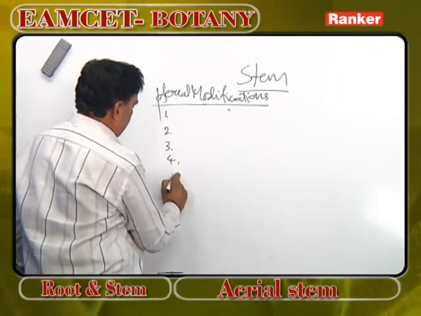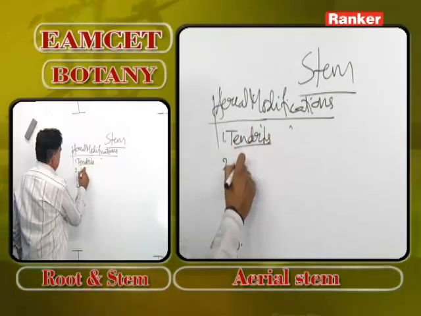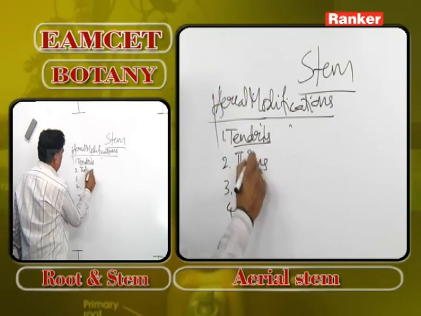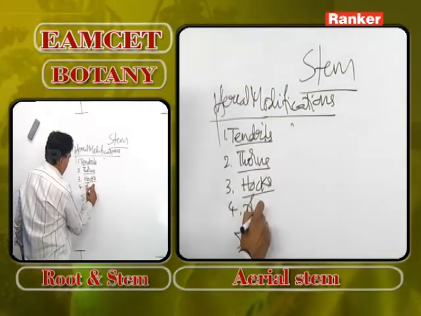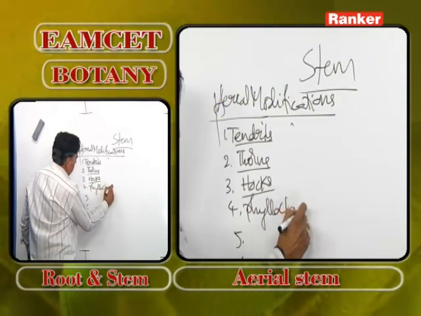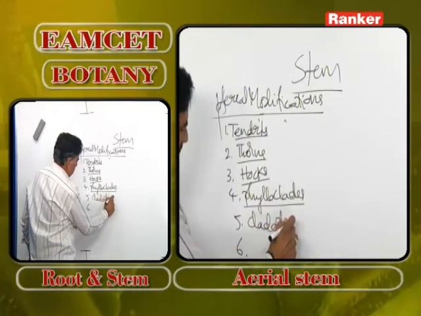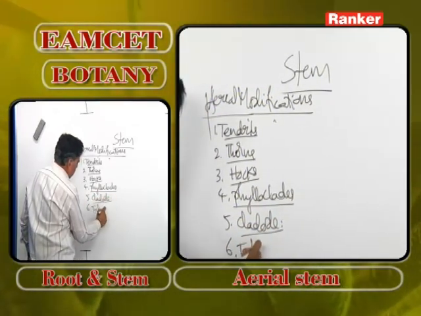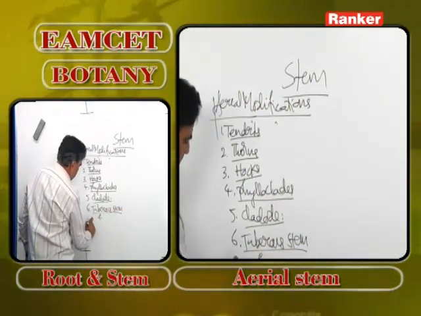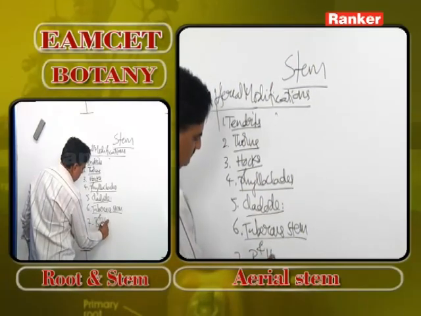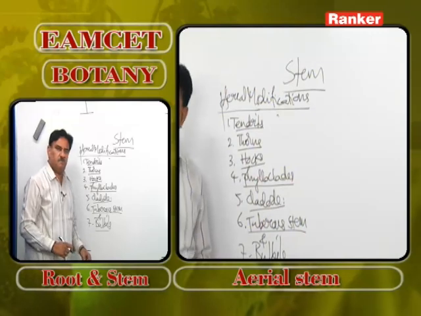They are broadly classified into seven types: tendrils, thorns, hooks, phylloclade, cladode, tuberous stem, and bulbil.